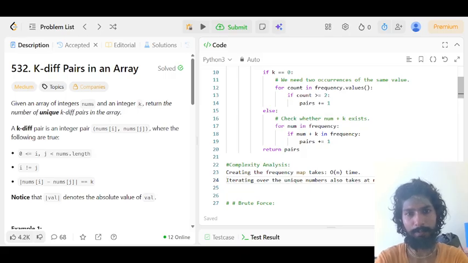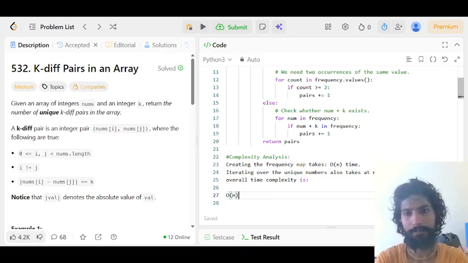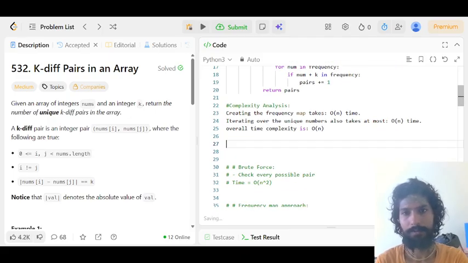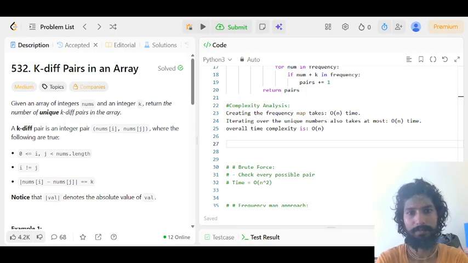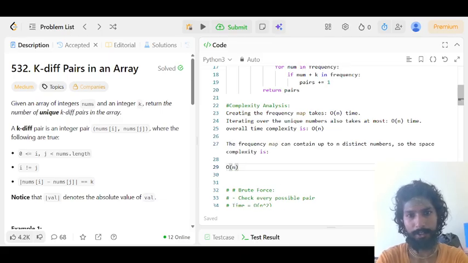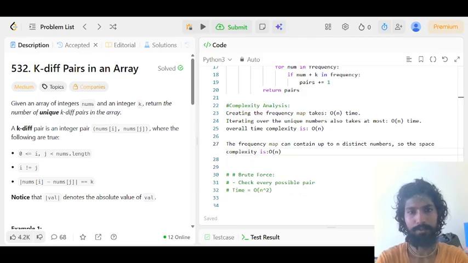Therefore, the overall time complexity is O(n). The frequency map can contain up to n distinct numbers, so space complexity is O(n). So our time and space complexity is O(n).